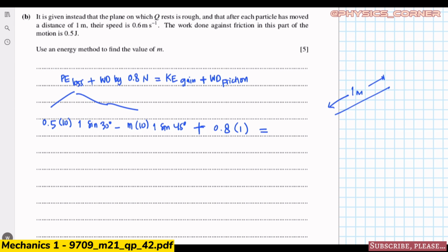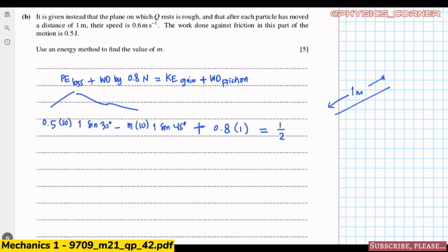And this equals to kinetic energy gain, because they start moving until the speed is 0.6.